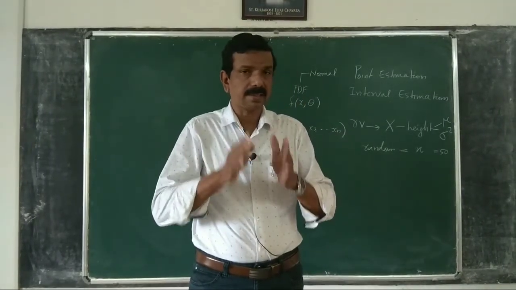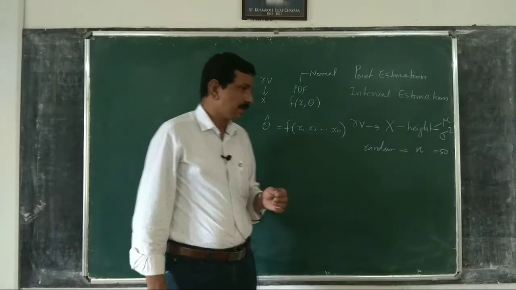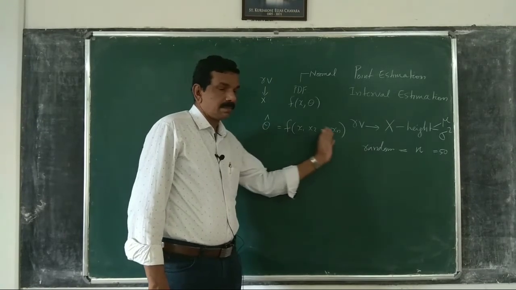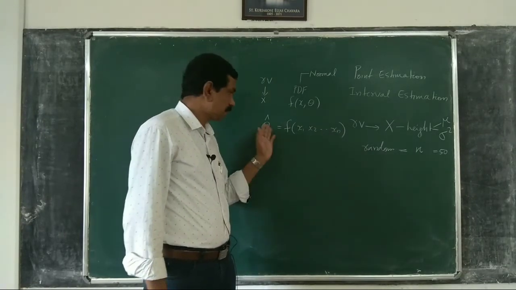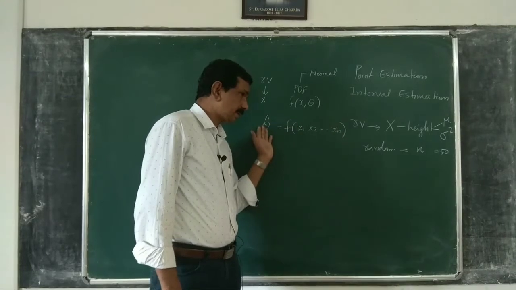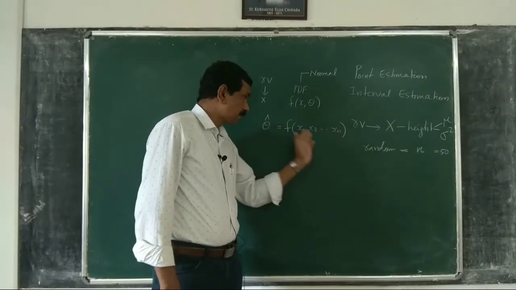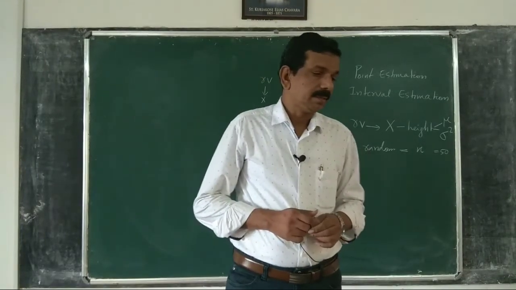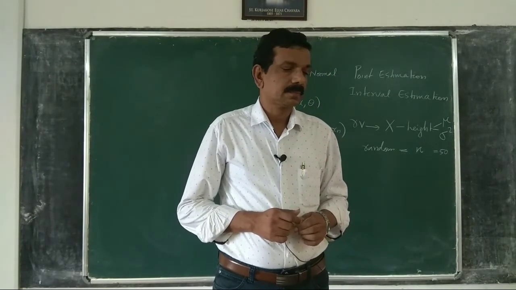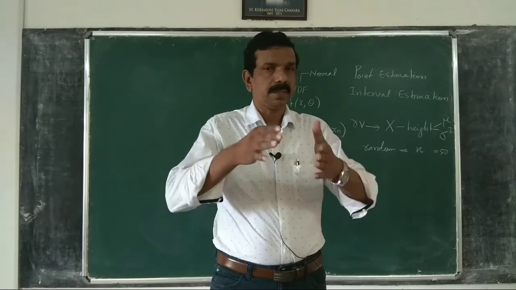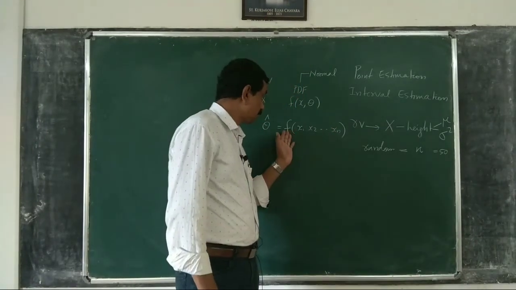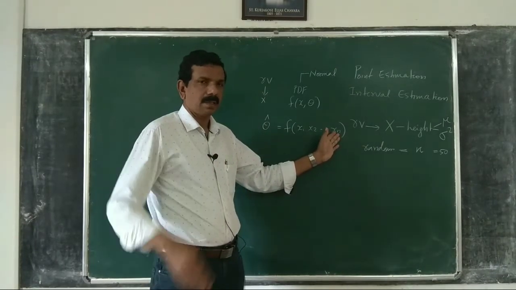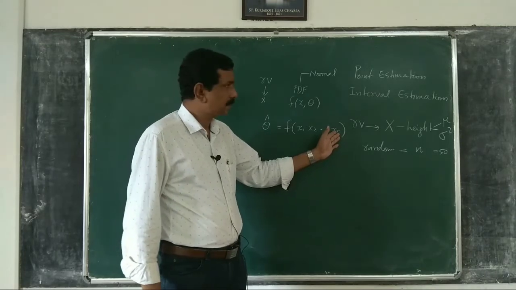Now this theta hat, as I told you, is known as the estimator or the sample statistic. Sample statistic or the estimator, a rule or formula which tells us how to estimate a population parameter. And depending on how we develop this function, we have arithmetic mean and many other sample statistics.